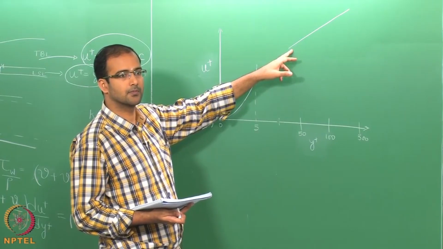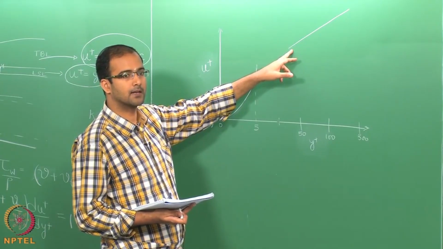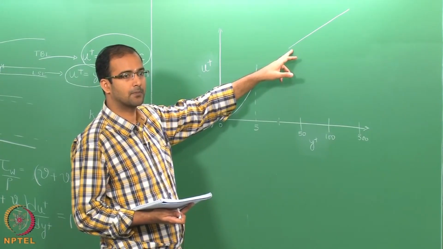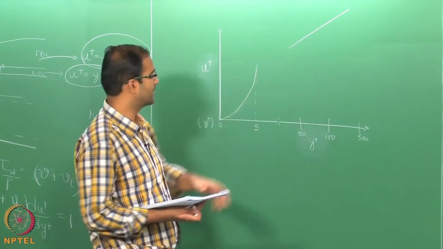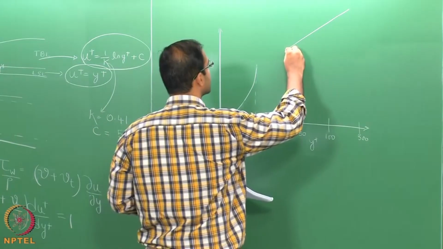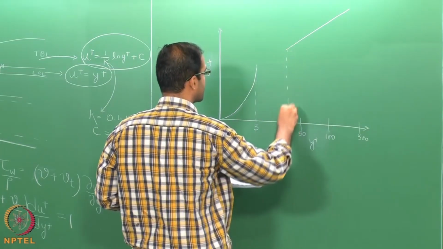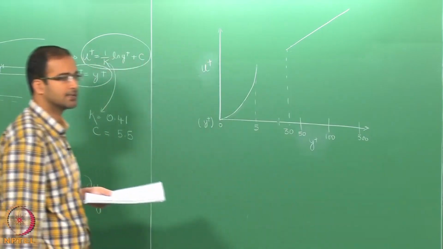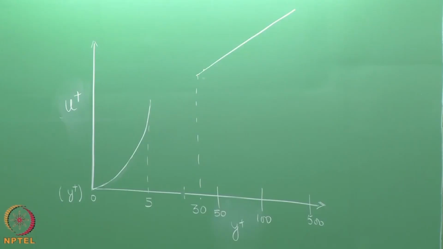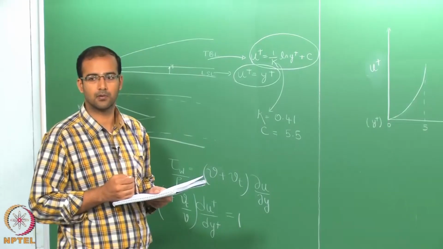The fully turbulent boundary layer will actually start from y plus greater than 30. So you can look at the corresponding x axis, it will be around 30. So there is a discontinuous region between the laminar sublayer and the fully turbulent boundary layer.